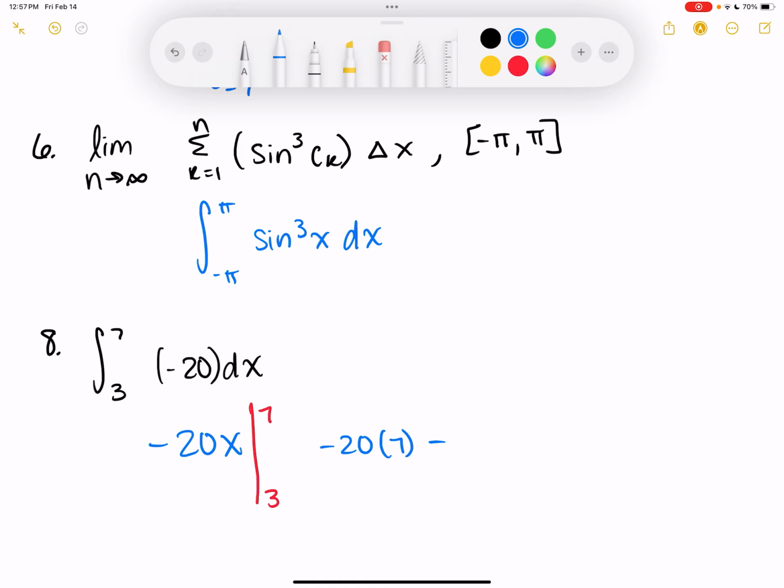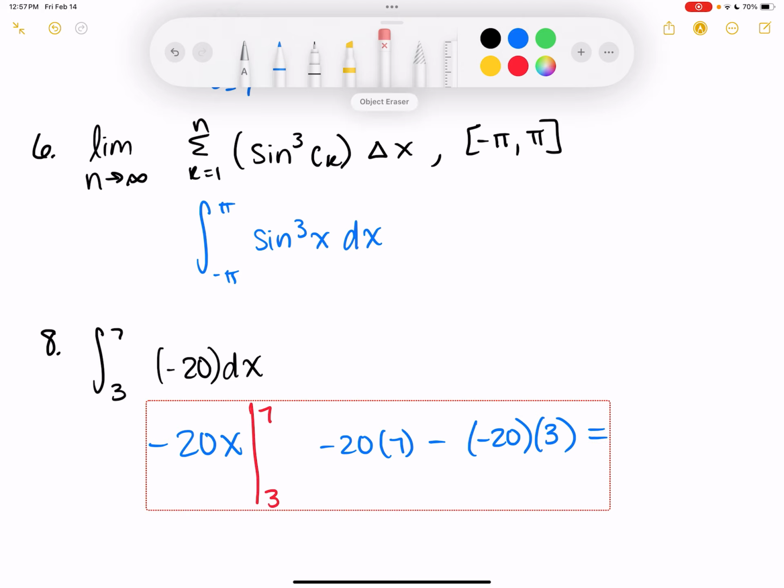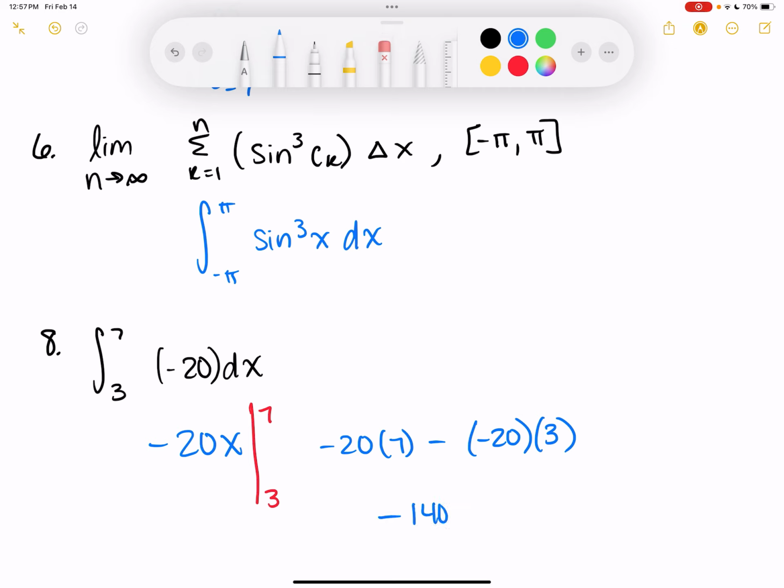Plus, we'll also have indefinite integrals later that don't have numbers on them. So then minus negative 20 times 3. So that ends up being negative 140 plus 60, which is equal to negative 80, and that's the answer to that.